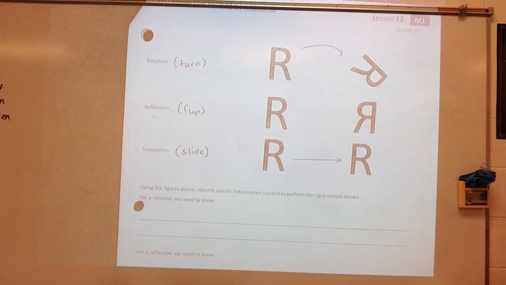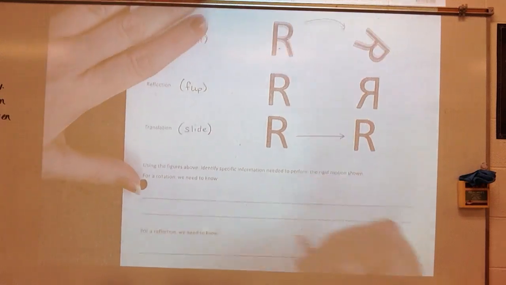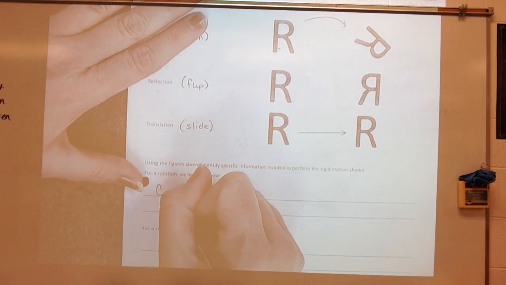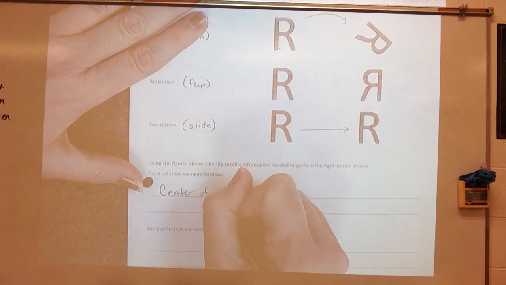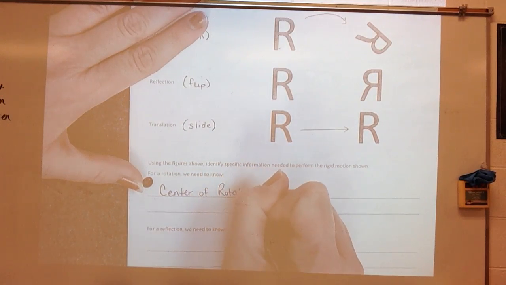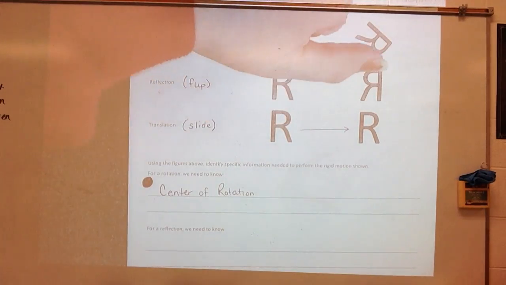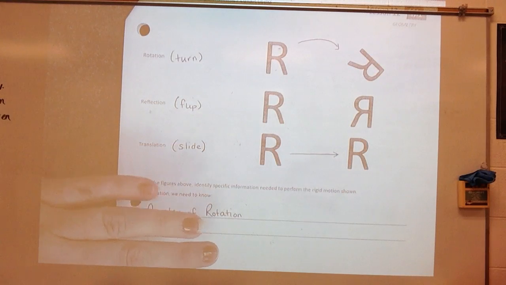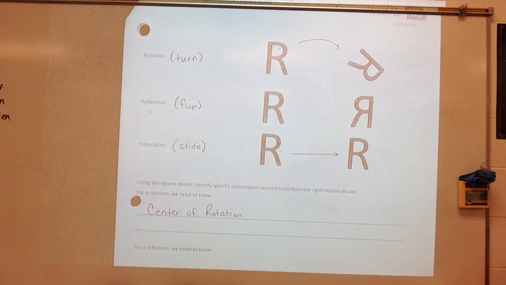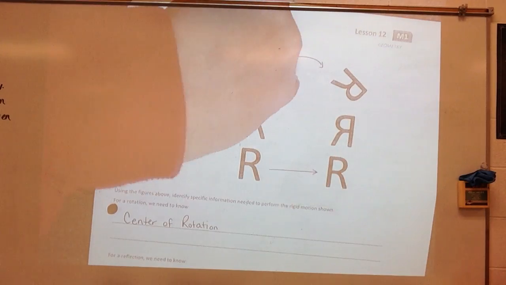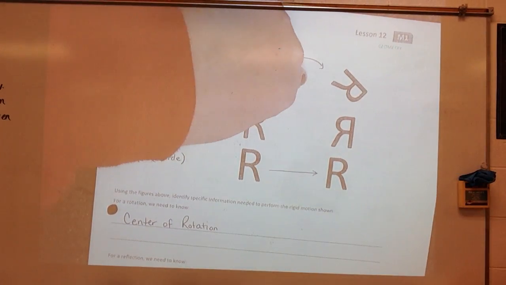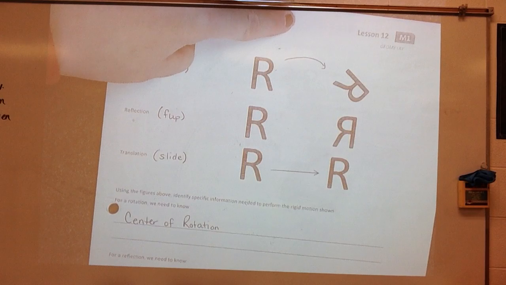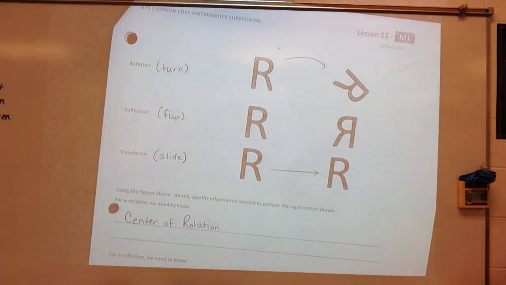So for a rotation, what do we need to know? Well, for a rotation, we need to know the center of rotation. In other words, there is a point that does not change when I do a rotation. Alright? It could be a point right here. It could be a point up here. But somewhere there is something that I'm rotating around.